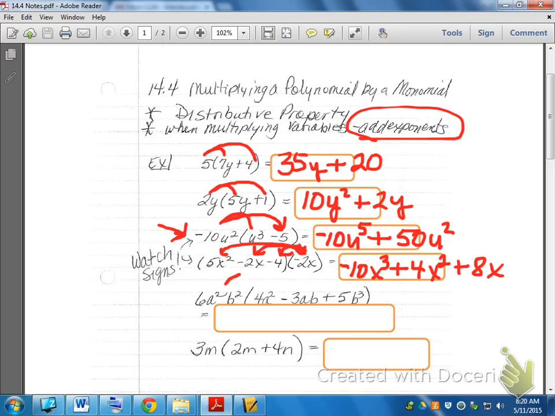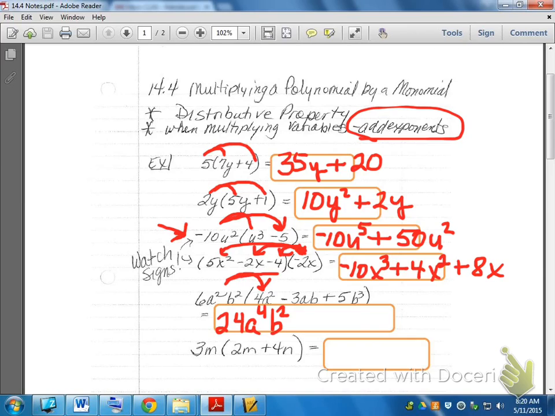I'm going to take this and multiply it by 4a to the second. So you go 6 times 4, 24. There's an a in both of them, a to the second and a to the second. So it would be a to the fourth. And there's a b to the second on the outside, so you just kind of bring that along. 24a to the fourth b to the second.